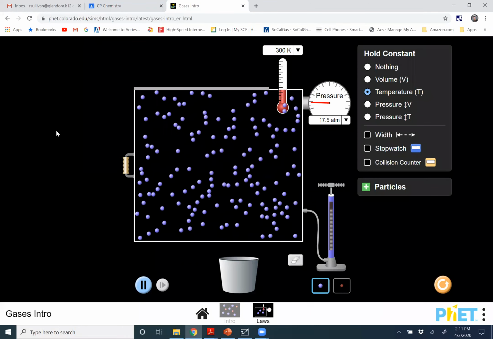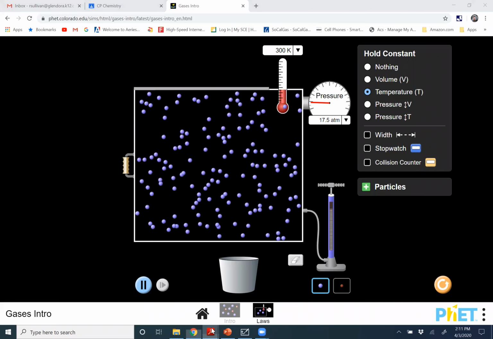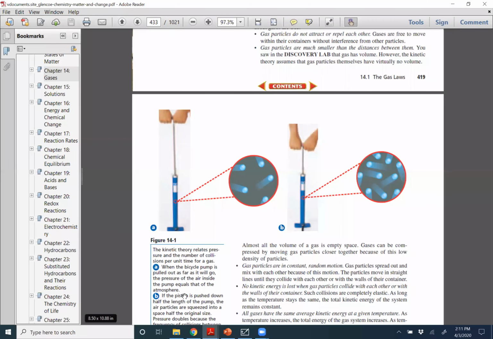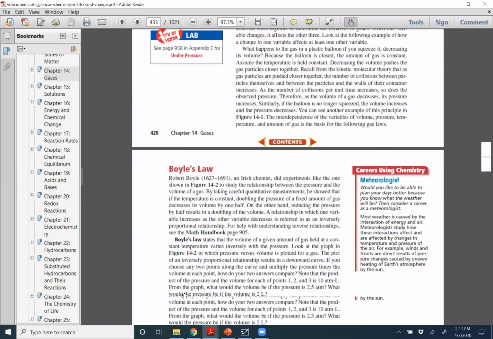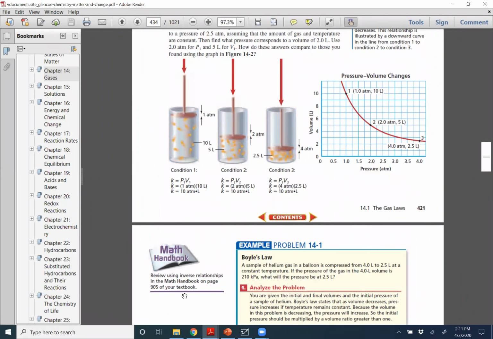Boyle wanted to know, as you can see down here, Boyle's law, if you were to have a chamber and you were going to change the volume of the chamber, how much does the pressure increase?